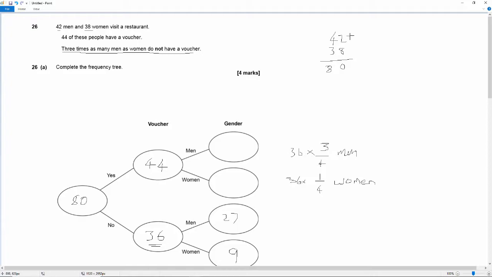So what do we know? We know that 42 men visit the restaurant, and we know that 27 do not have a voucher.